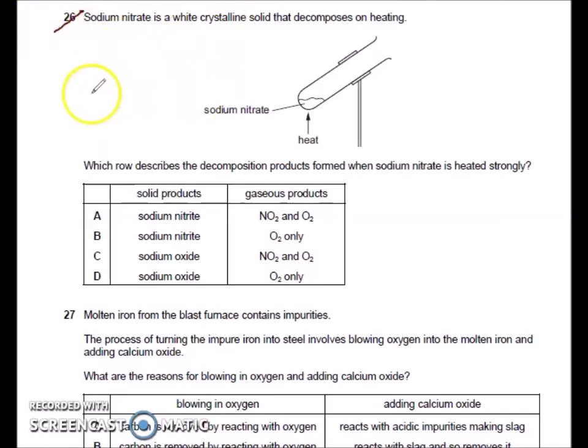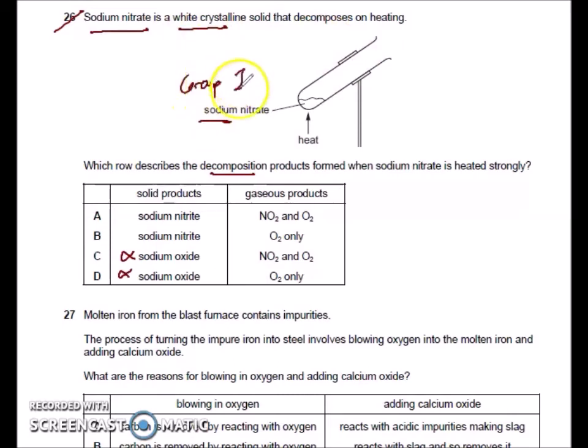Okay, number 26. Sodium nitrate is a white crystalline solid that decomposes on heating. So this is a reactant. So after it decomposes, okay, this is a tricky question. Okay, so if you can see here, sodium oxide releases. Okay, this is wrong. This one is wrong. Okay, this is a tricky question, and you can see sodium is a group 1.